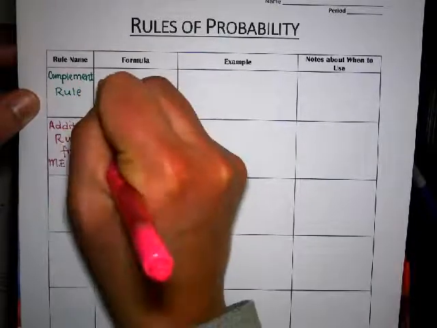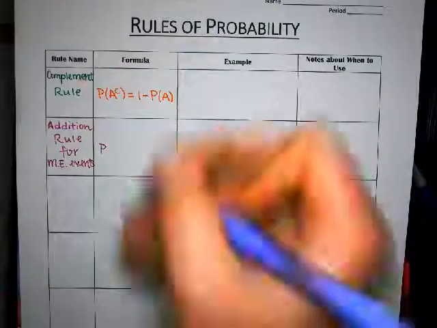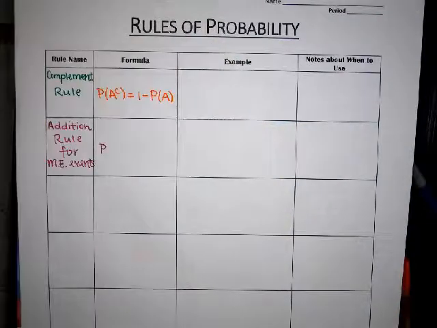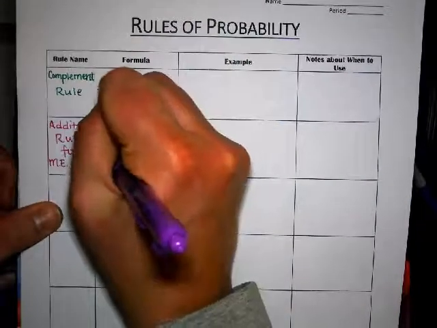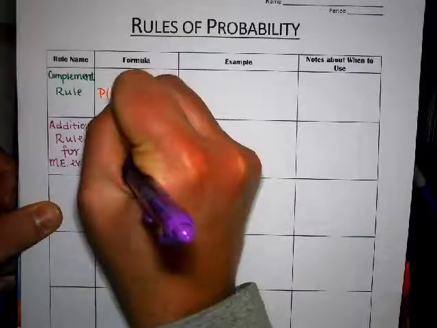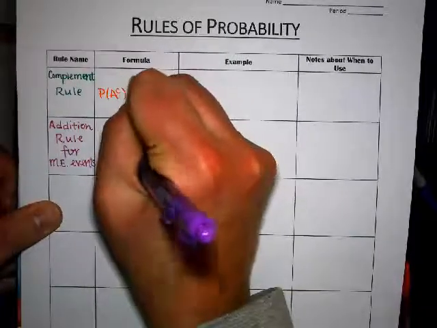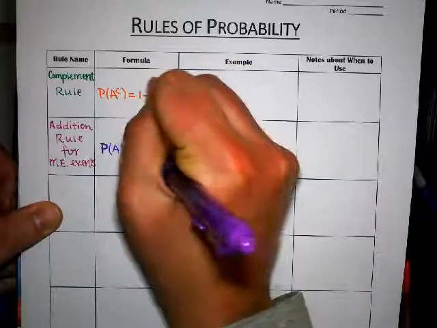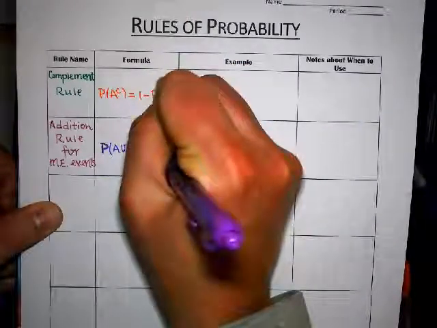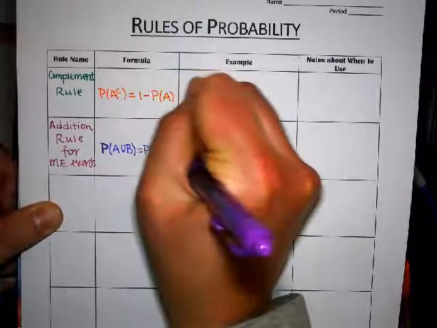And that told us, I wanted to use a different color, the probability of A or B is found by taking the probability of A plus the probability of B.